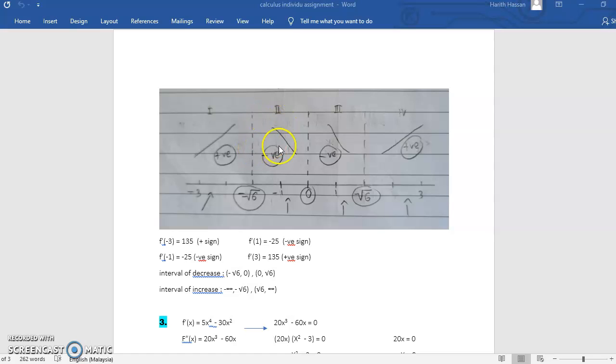So it will be like that. The next interval, 3, is also the same, also decreasing in this interval. Then lastly, in the fourth, we get a positive sign. Then a positive sign, it will increase.